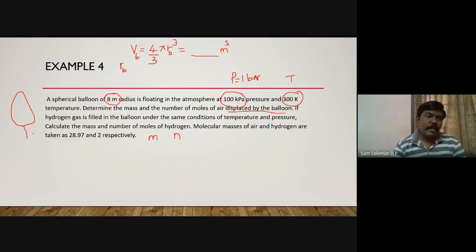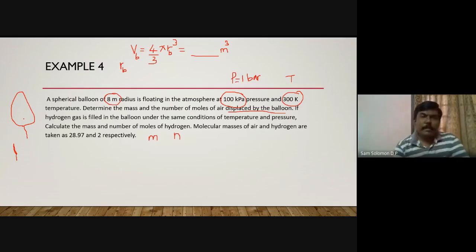See, initially the balloon is very flat, which means no air is there. You pump in air and it expands. So this is the volume of air occupied inside the balloon. Initially it was like this. As air gets filled up, the balloon is going to enlarge and it is going to displace the air surrounding it.